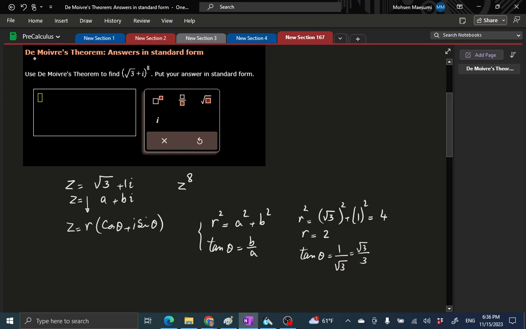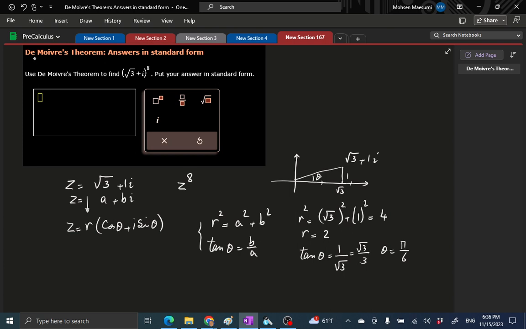And our angle is in the first quadrant. We might as well draw this. We are at radical 3 and 1. So this is radical 3 and this is 1. This is the picture we have. We are at radical 3 plus 1i. Theta obviously is in the first quadrant, and it is pi over 6.